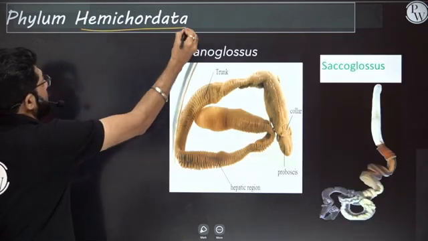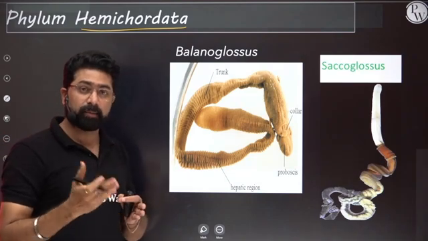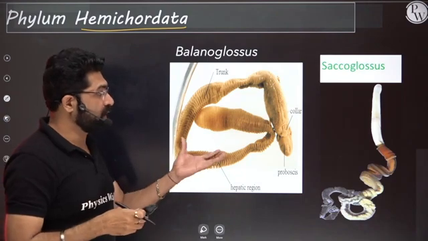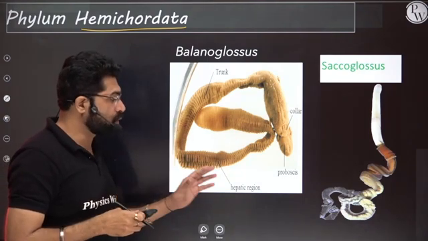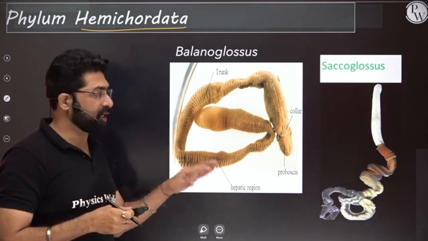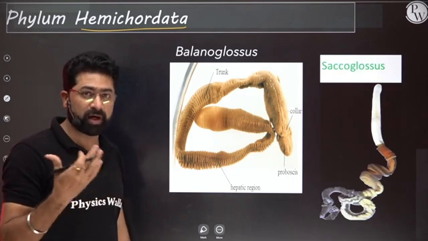Next phylum is your Hemichordata. Earlier they were thought to be chordates, but afterwards they were proved not to have a true notochord. So they were placed in non-chordates. They have a false notochord.